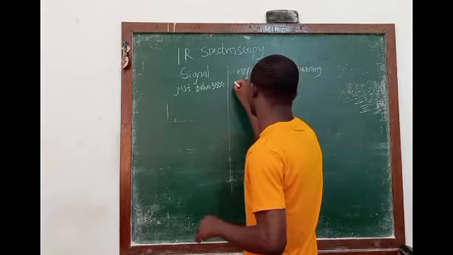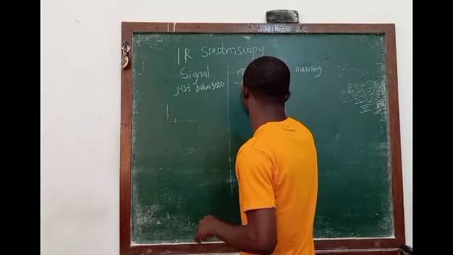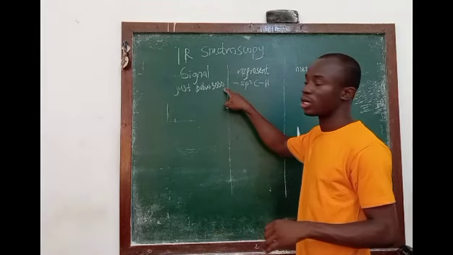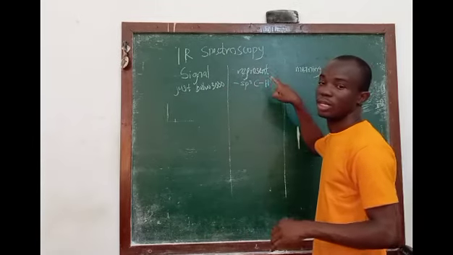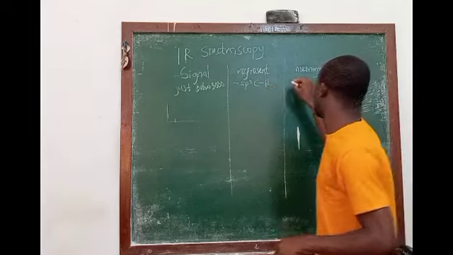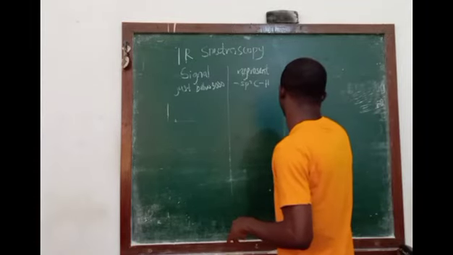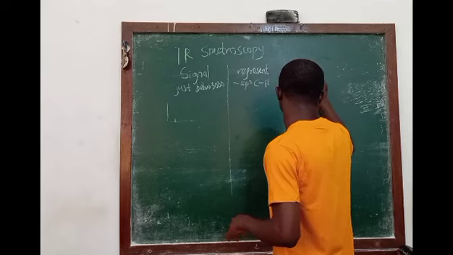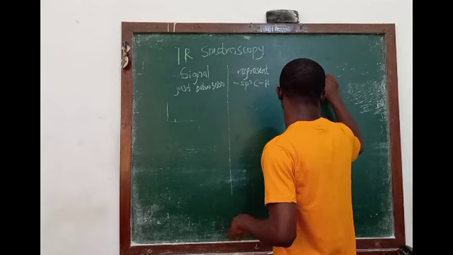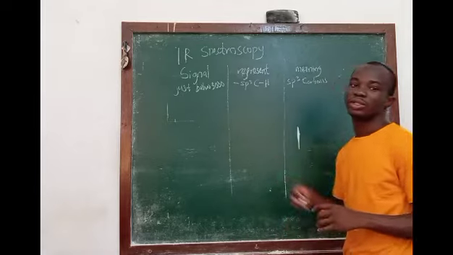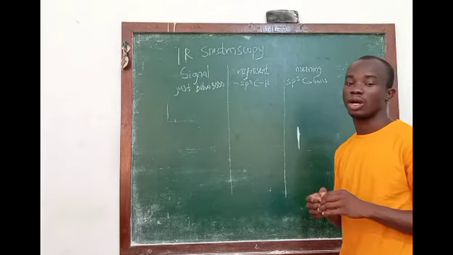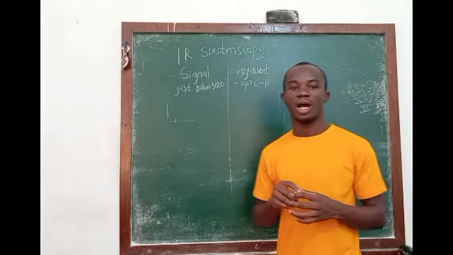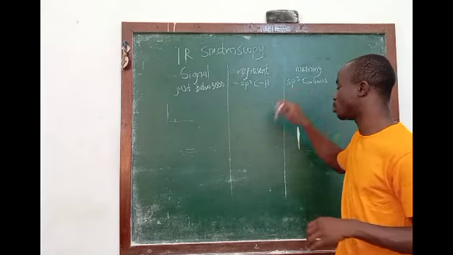It represents an sp3 CH stretching vibration, and it implies that you have sp3 carbons in the compound. We know what an sp3 carbon implies: that is a carbon that has four single bonds around it.